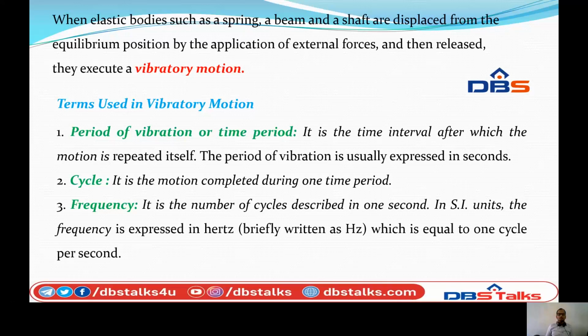Due to this, the body continuously moves up and down. When we apply a force on a spring in the downward direction and release it, the spring will move up and down. So that creates the kinetic energy.